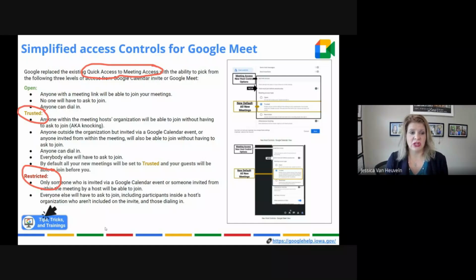It's just a link that you share out and everybody comes from 8 to 8:30. This is where you might want to consider changing your meeting access to open. A lot of people are like, if you're having a big implementation or an upgrade, this is where you might want to say, okay, this link is open for any concerns, any questions. You'll want to make sure you have maybe open for that.